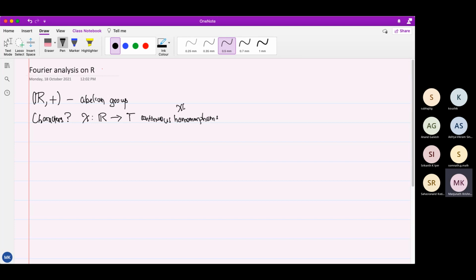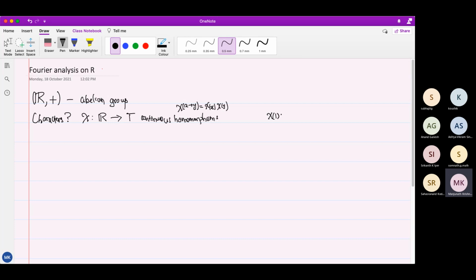So this would mean in this case that chi of x plus y is chi of x times chi of y. Because of continuity, if you send 1 to some point, then you can figure out chi for all rationals. So this is a standard thing.